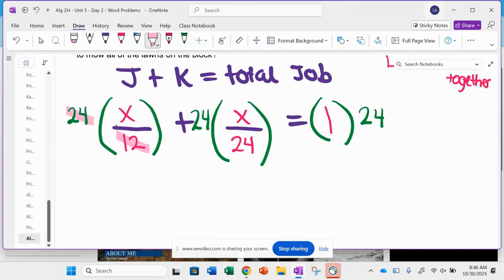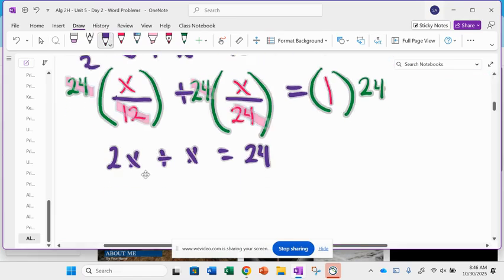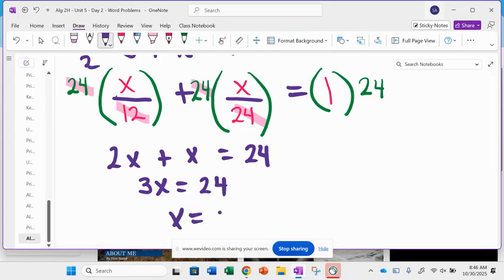So 12 goes into 24 twice. 24 and 24 cancel, so we're left with 2x plus x equals 24. 3x equals 24, so x will equal 8. So how long would it take for them to do the job together? 8 hours is our answer.